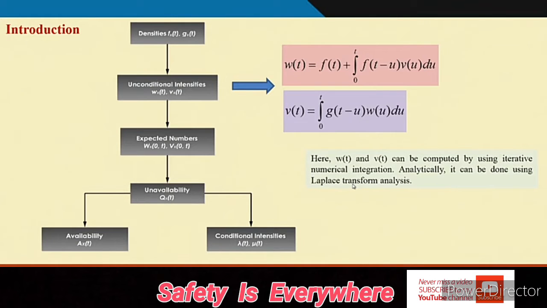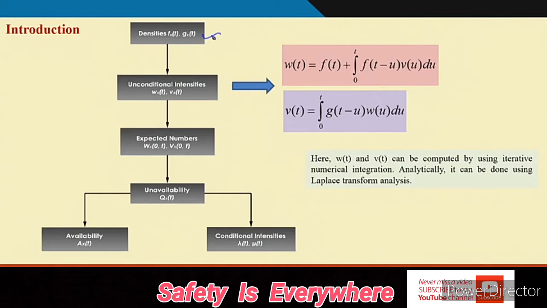So, I repeat this diagram as well as the fundamental equations, because this is the crux of the matter for the combined process when we talk about the parameters and distributions of the combined process. Let me repeat again, you know the densities. Combined process means failure density and repair density.